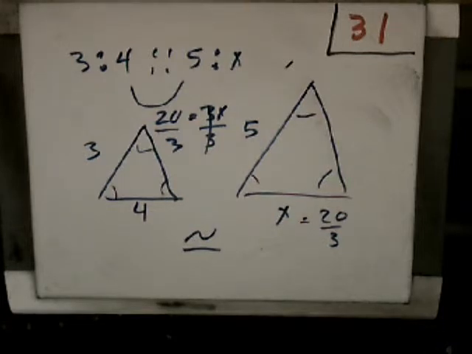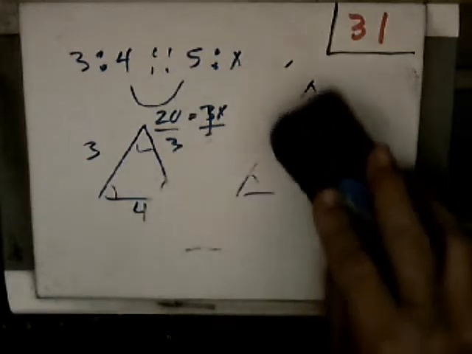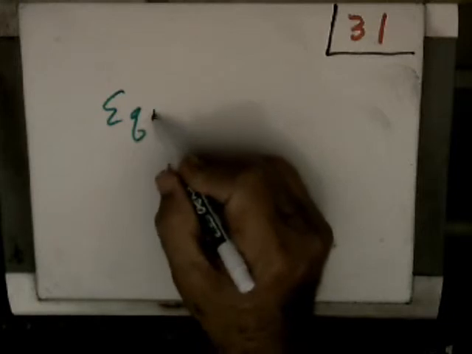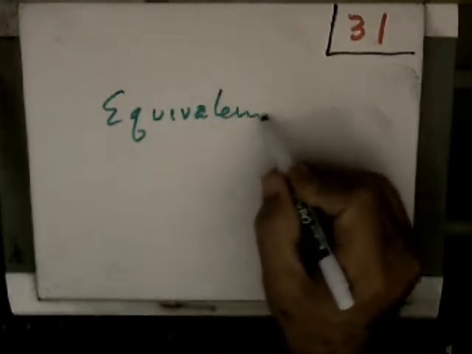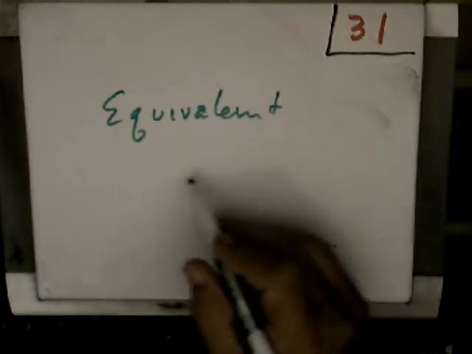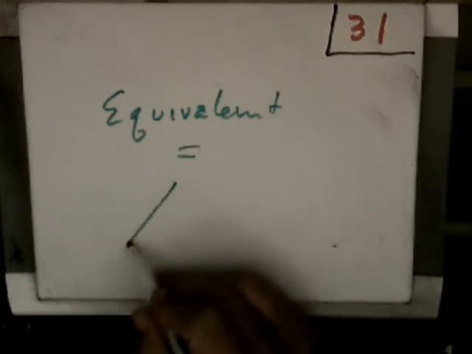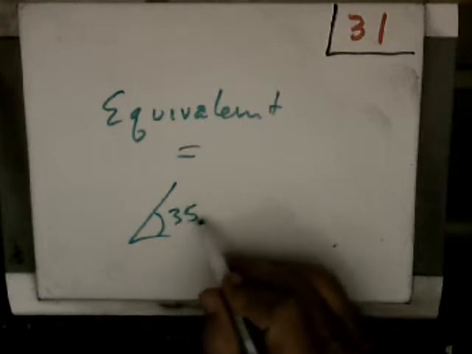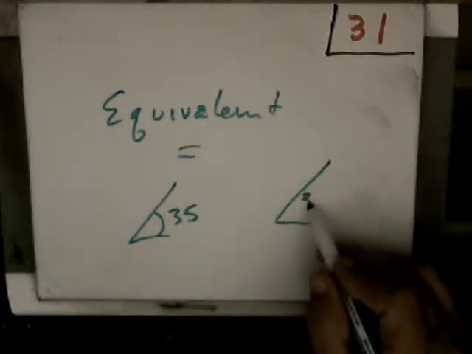Let's talk a little bit about the idea of equivalent angles. This is sort of a fancy word for equal to. So if this angle is 35 degrees, then this angle would be equal to 35 degrees.